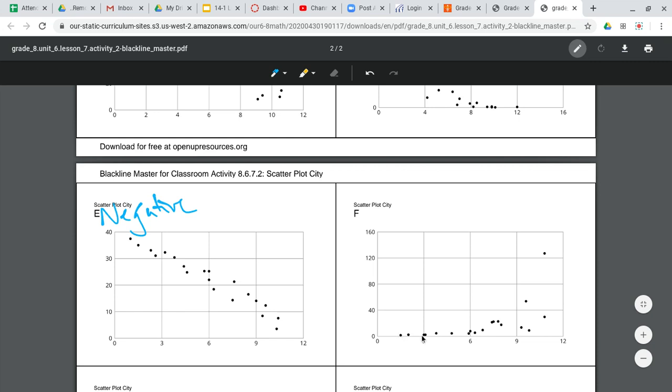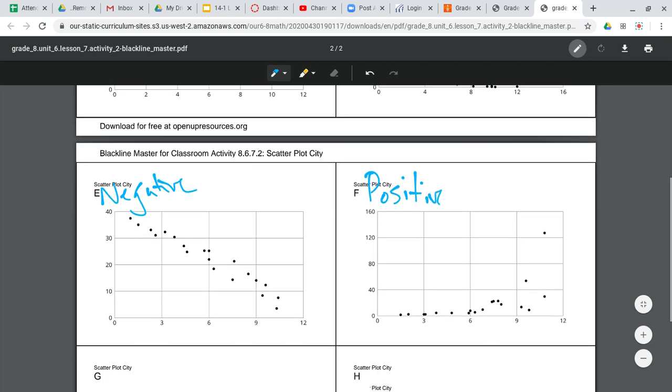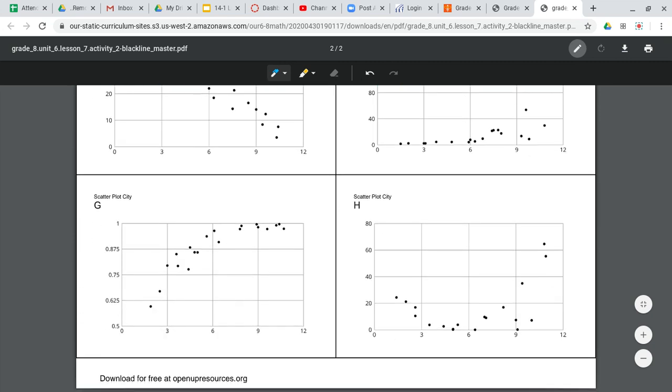As we're going to the right, we're going just barely, but we're going in a positive direction. Let me write that. Positive. There we go.